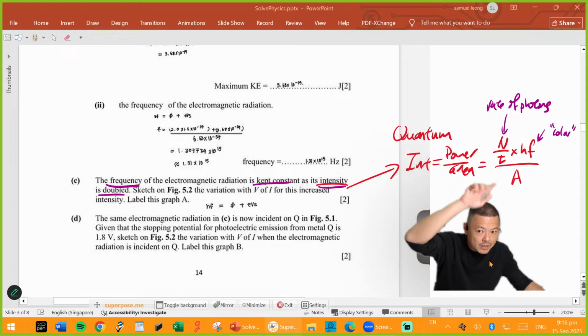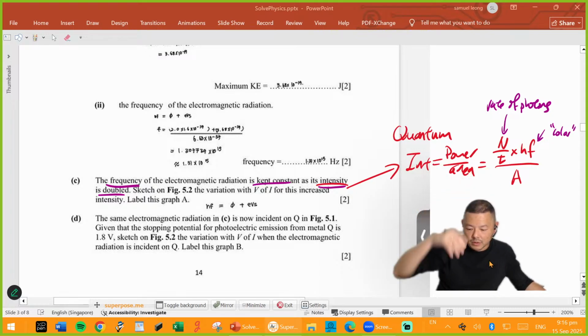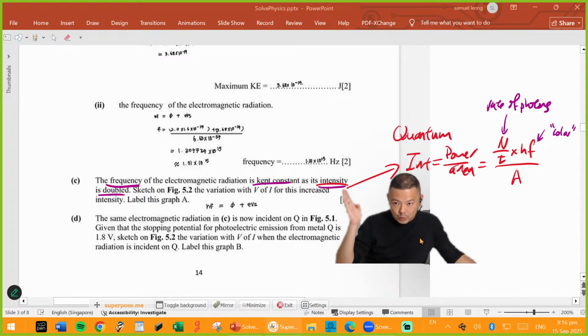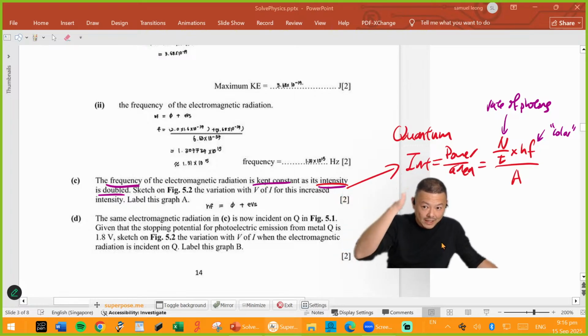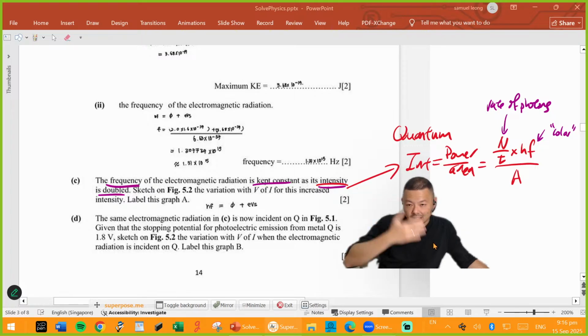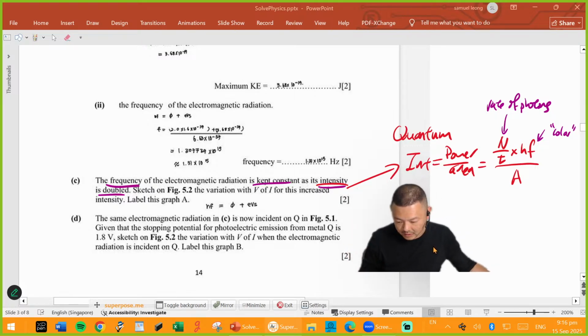So what do we increase? Rate of photons, right. Yeah, that's right. Some students do forget that intensity has two factors, so whenever they say intensity doubled, they just think that everything doubles.